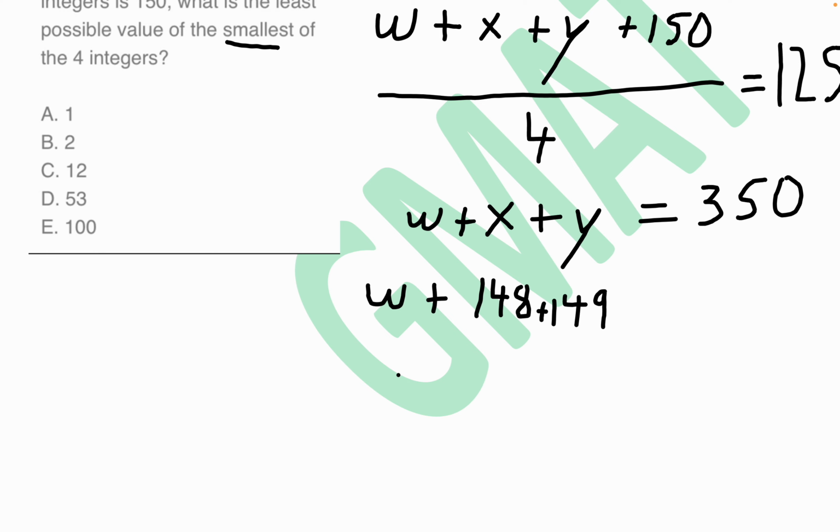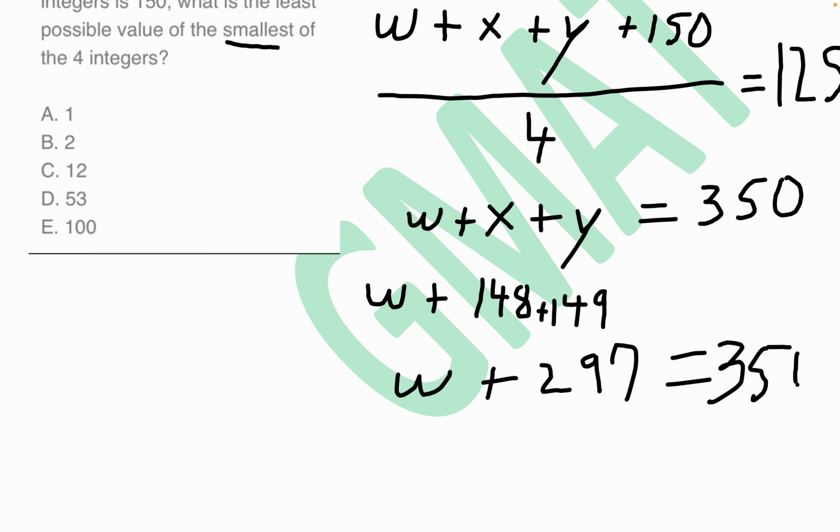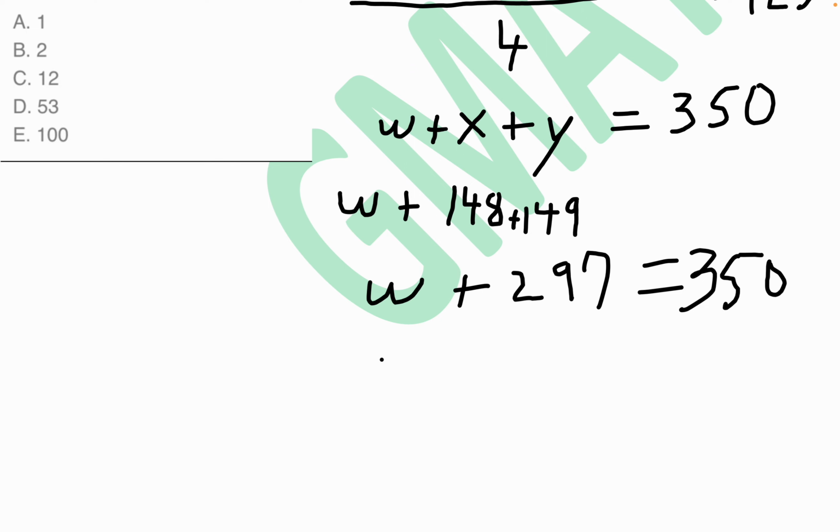And so this would give you W plus 297 equals 350. And folks, by inspection, you can almost look at that and see that W would have to be equal to 53. W, by looking at it, is equal to 53.